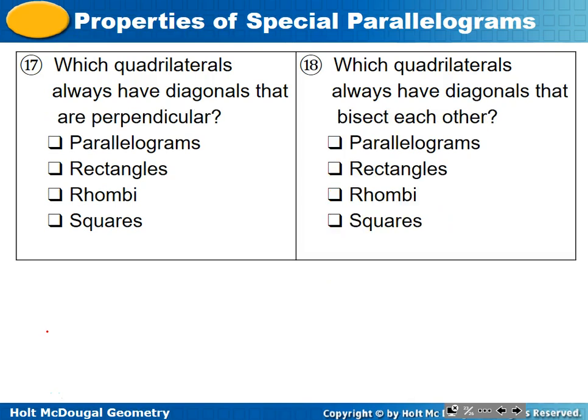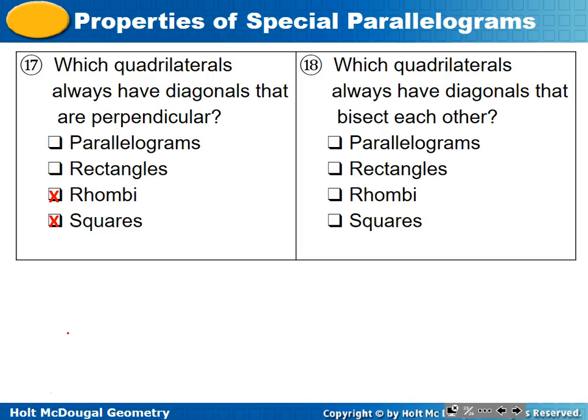Our next one, number 17, says which quadrilaterals always have diagonals that are perpendicular. If you recall, a rhombus has diagonals that are perpendicular, and a square also is a rhombus because it has 4 congruent sides. So this time it's a rhombus and a square. Number 18 says which quadrilaterals always have diagonals that bisect each other. Recall that this is a rule of a parallelogram.